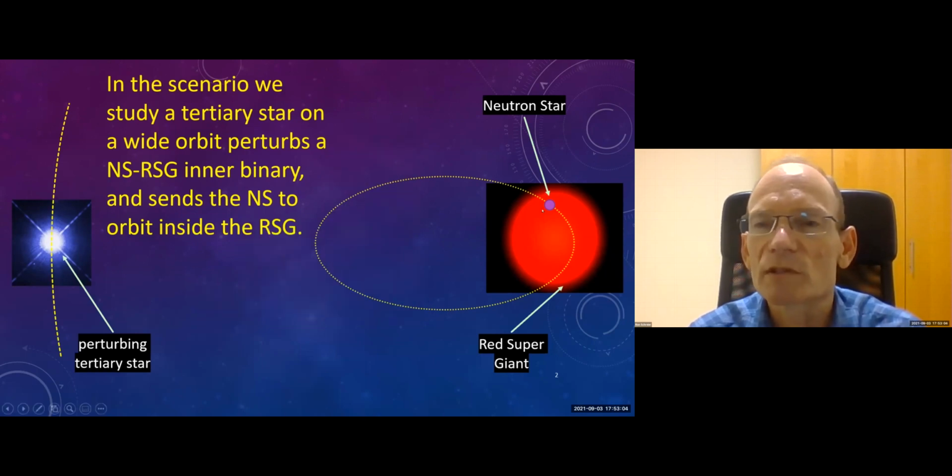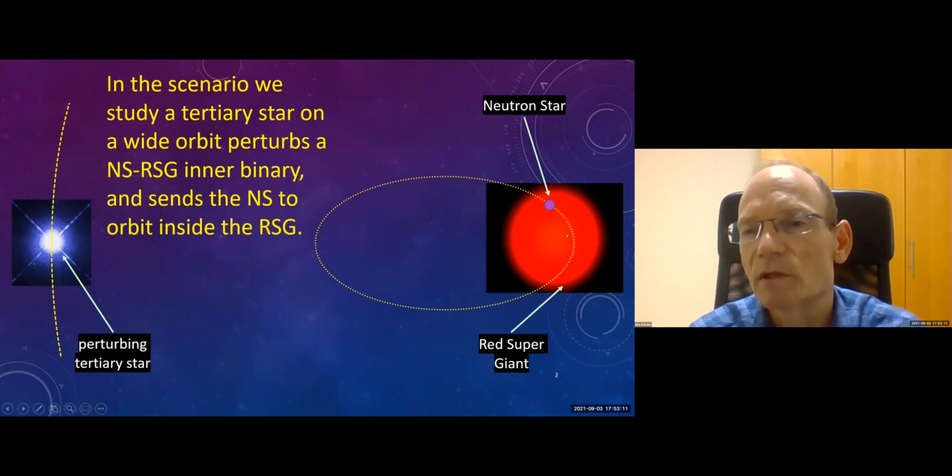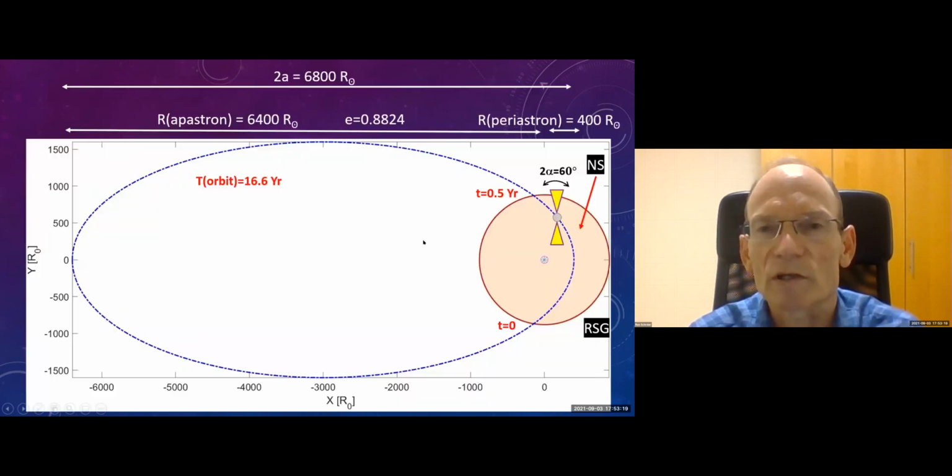This neutron star at the beginning moved in a circular orbit around the giant, and due to the perturbation, it changed its course to a very highly elliptic orbit and plunges into the giant.